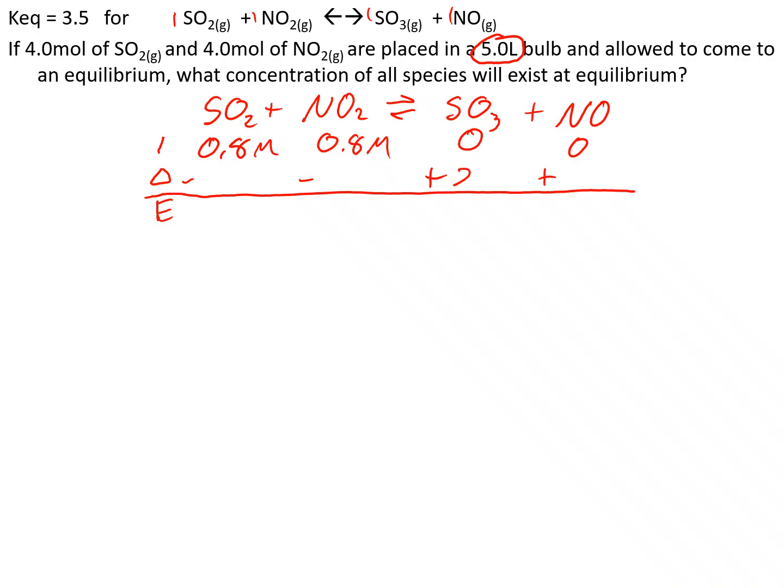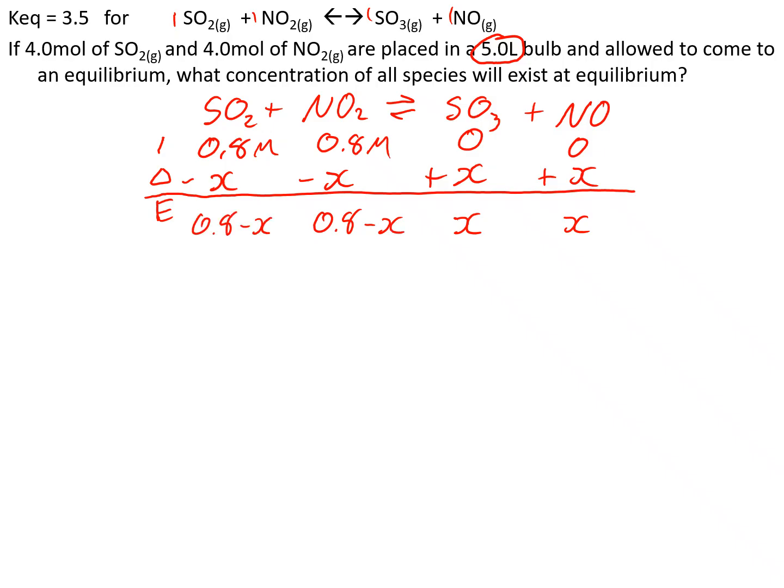So this is going to increase by X, and by the amount that this increases, this is going to decrease by that amount as well, which is also X. They're going to be the same values. So 0 plus X is just X. 0.8 minus X is 0.8 minus X.